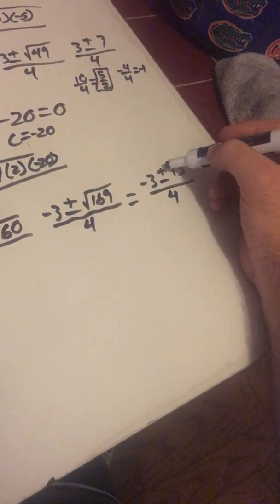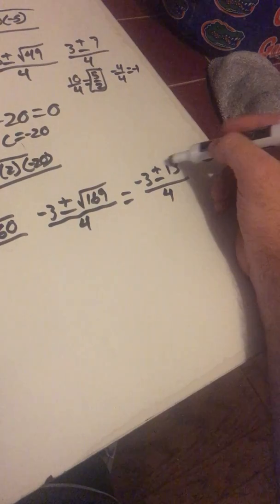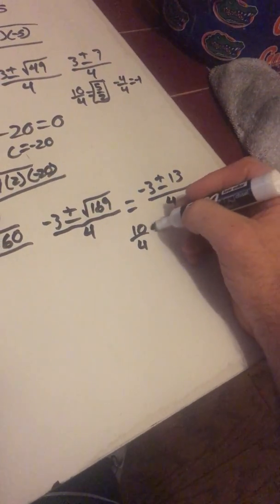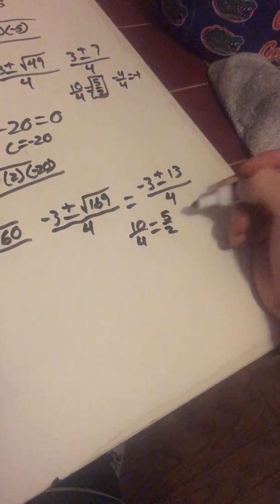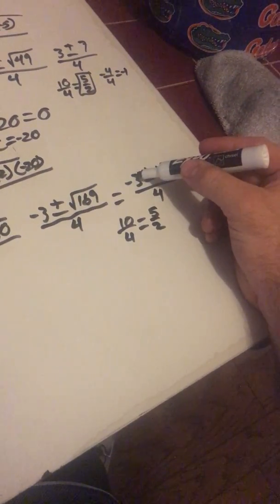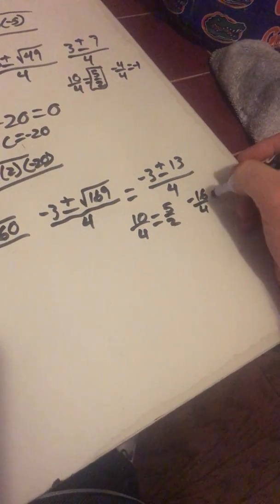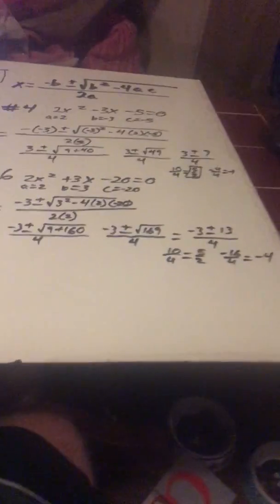So negative 3 plus 13 is a positive 10 over 4. We remember that reduces to 5 over 2. Then I have negative 3 minus 13, which is negative 16 over 4, or a negative 4. Those are my solutions.